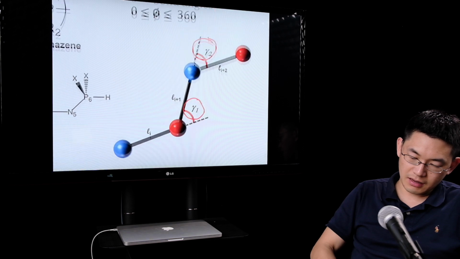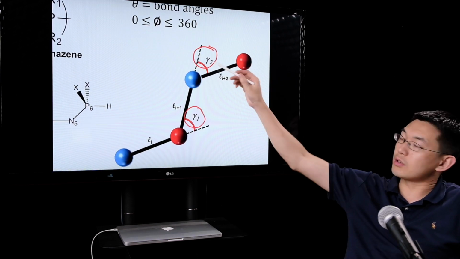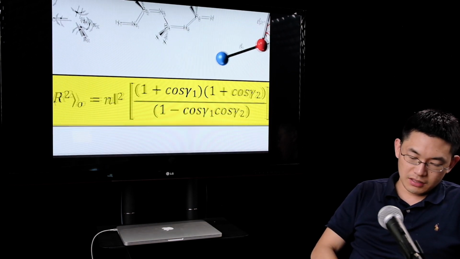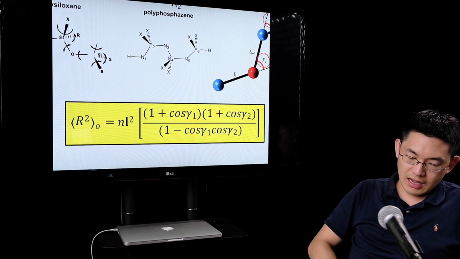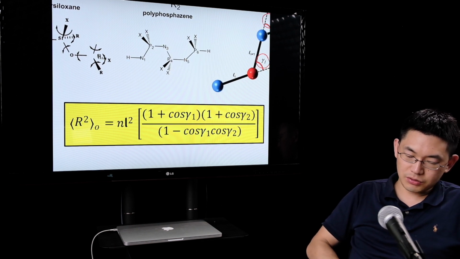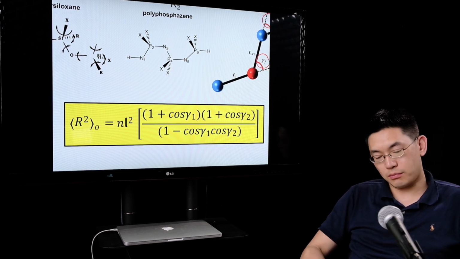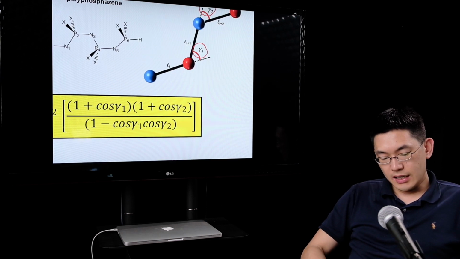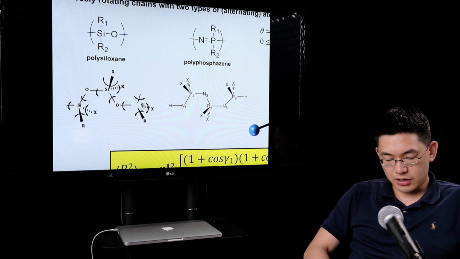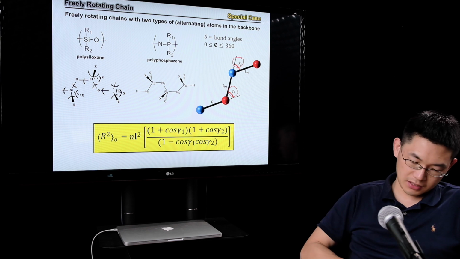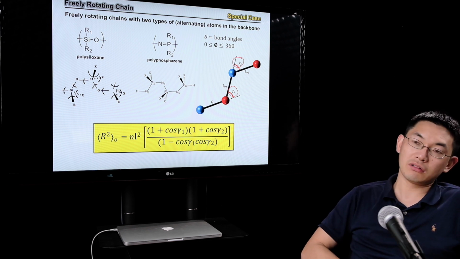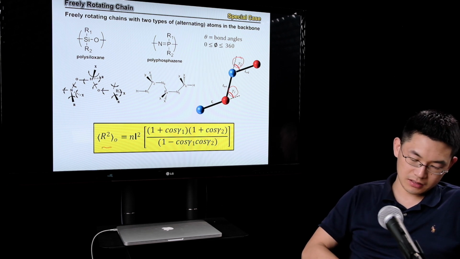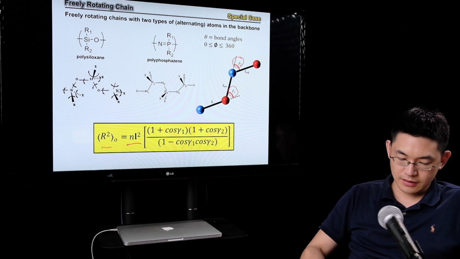So you have gamma 1 and gamma 2, those two kinds of bonds. So how this would impact: you would have an average of gamma 1 and gamma 2 in the final findings in your bond. But again, it doesn't change the conclusion that your chain conformation will depend on n to the power of 0.5 for end-to-end distance. This is still the case.